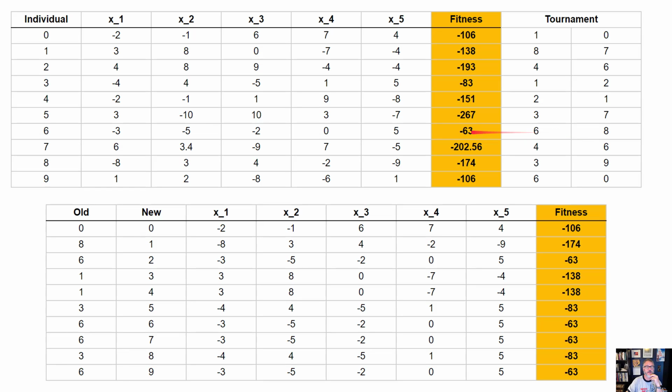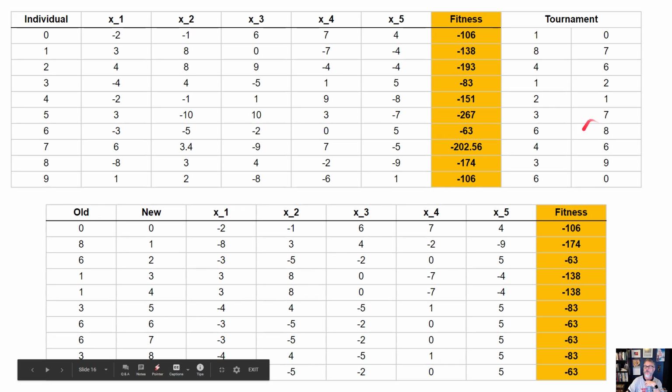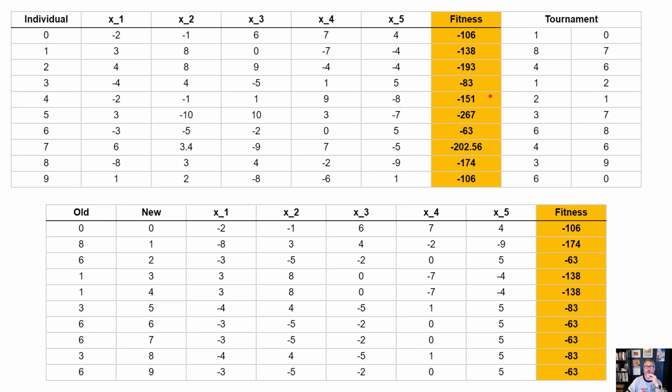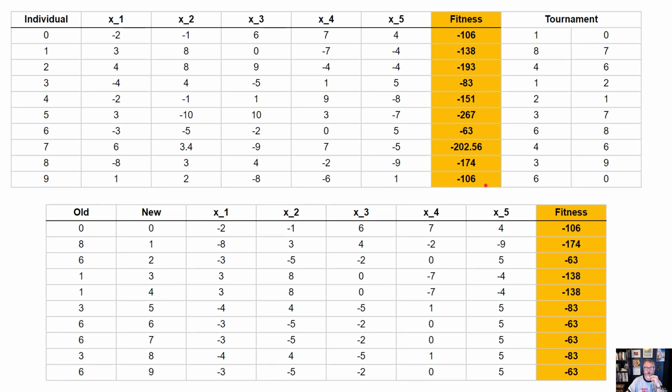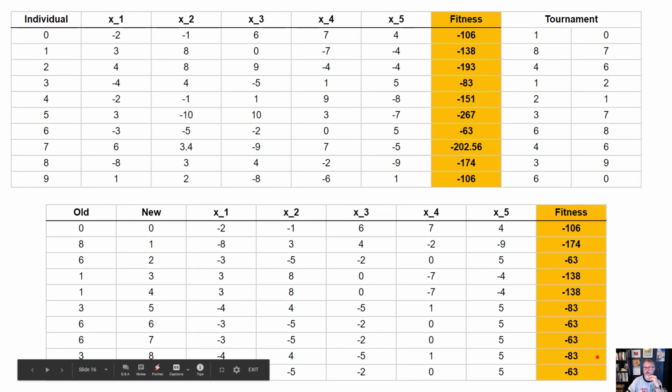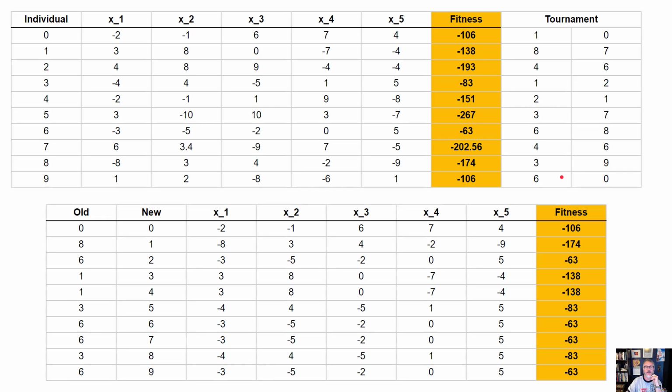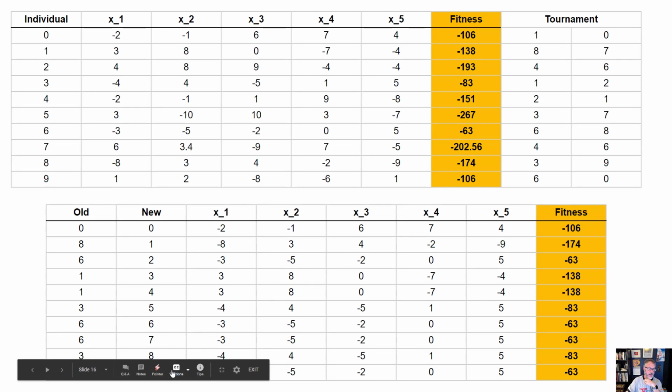Then 6 and 8: 6 has negative 63, 8 negative 174, so 6 comes over. 4 and 6, negative 151 versus negative 63, so 6 gets copied again. 3 and 9, negative 83 or negative 106, so the negative 83 gets copied over. And lastly, 6 and 0, negative 106 versus negative 63, and item number 6 gets copied over one more time.